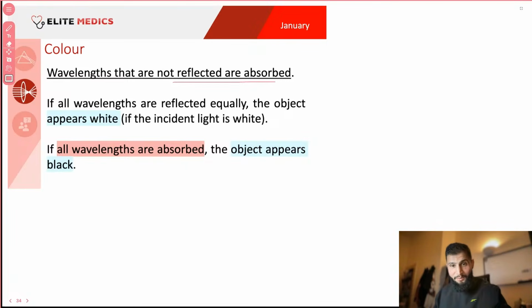So this white table, that's why sometimes waking up in the early morning you get this shot of light, and then you have a white wall and white desk and it's just so bright. Why? Because it's reflecting all that light back up. You see what I'm saying? Now, if all wavelengths are absorbed, this sweater, the object appears black.